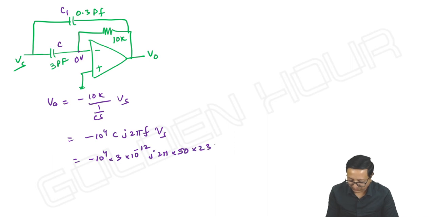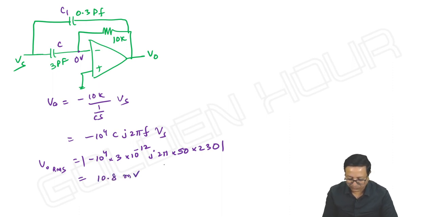Vs, its RMS value is given as 230. If you further calculate it, as it is RMS value, we output RMS, so I should take the magnitude, and it comes to be around 10.8 millivolts.